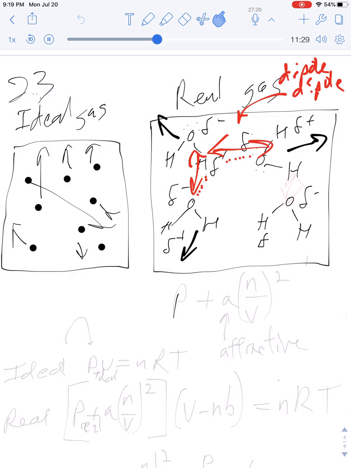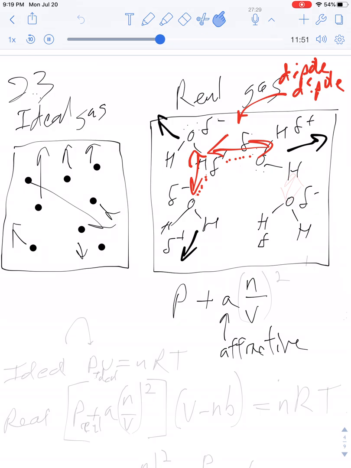So you have to adjust the pressure by A, which is the attractive force. So how attractive is the gas? N is the number of gas particles.